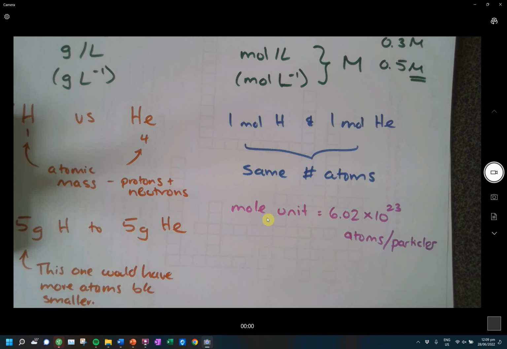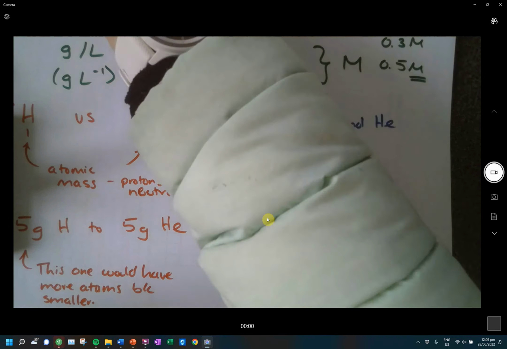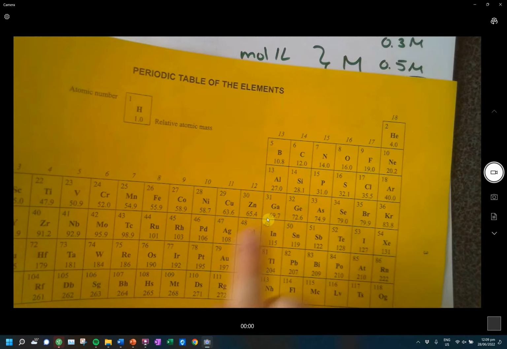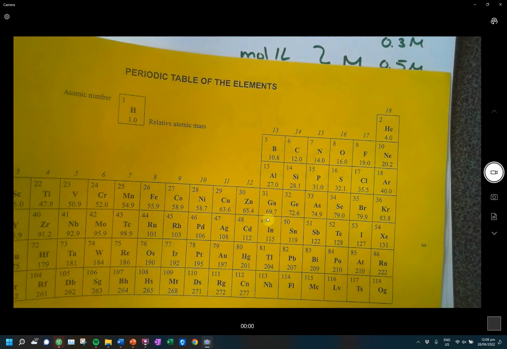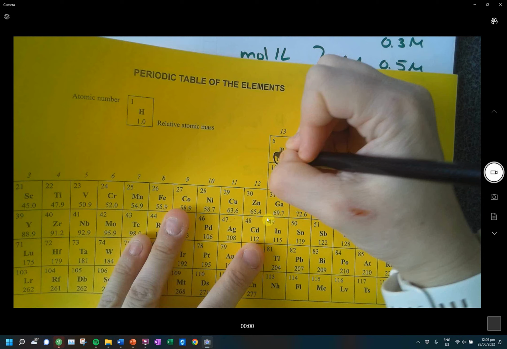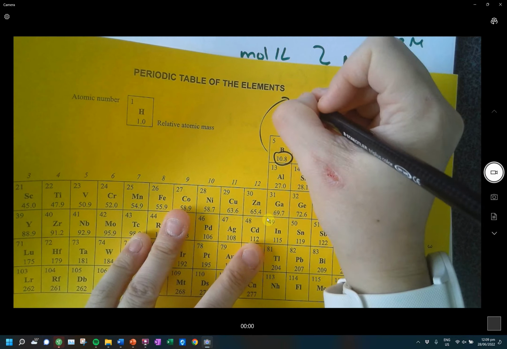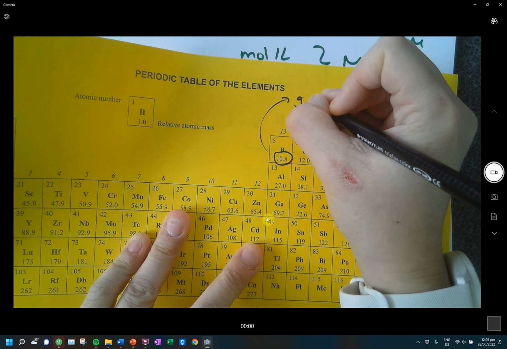All right. If we're looking at this periodic table, these numbers for the atomic mass are referring to grams per mole.